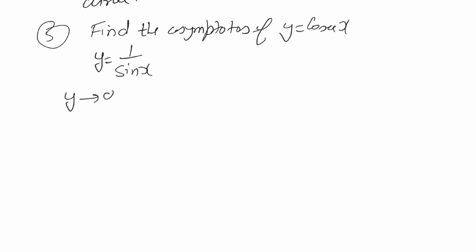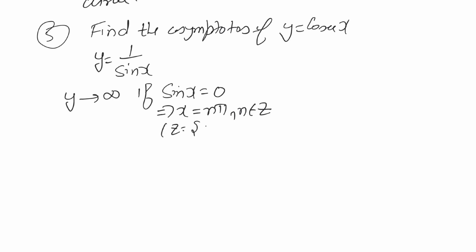Y will become infinity if sin x is equal to 0, and sin x will be 0 when x will be n pi, where n belongs to set of integers. Okay, and you once again know set of integers is equal to 0, plus minus 1, plus minus 2, and so on.